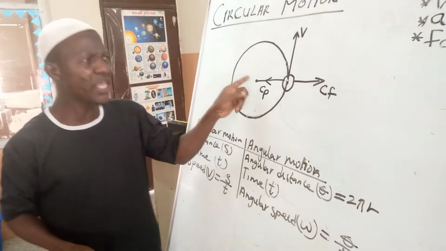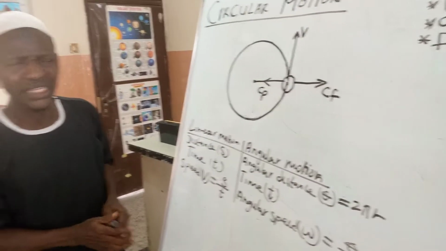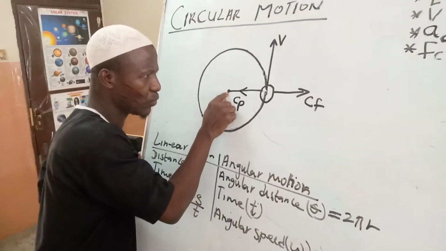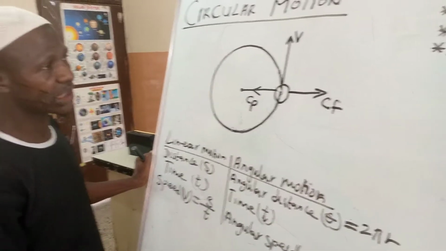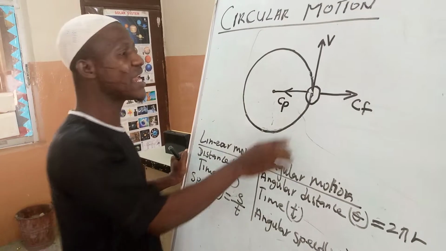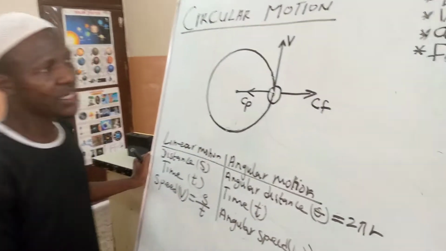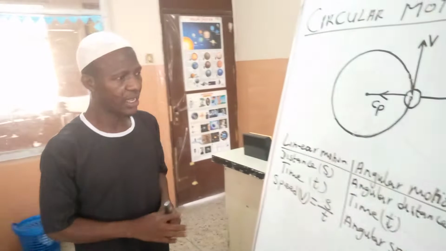If there is no equal and opposite force, the body will not continue in circular motion. Therefore, the force acting toward the center of the circle that keeps an object moving in a circular path is called centripetal force, while the one that is equal to that force but in the opposite direction is called centrifugal force.